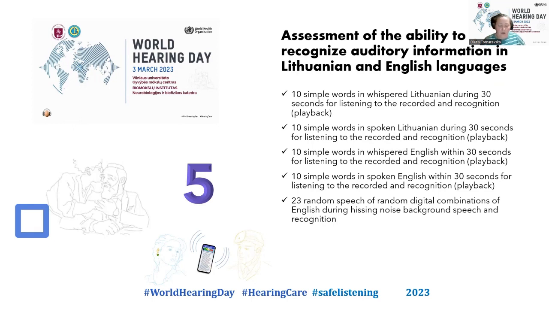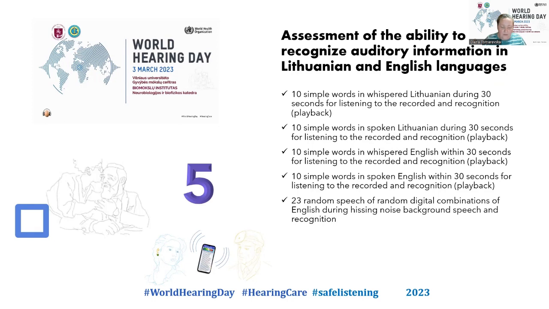In this incomplete preventive pre-medical examination, the definition of hearing abilities is established as 10 words in Lithuanian spoken and whispered voice, and 10 words each in English spoken and whispered voice, and an interesting WHO application for smartphones.